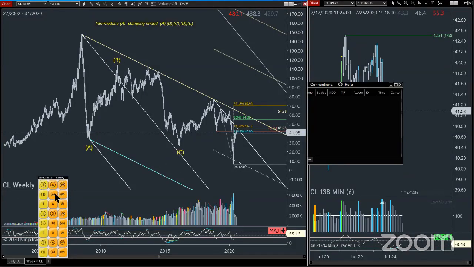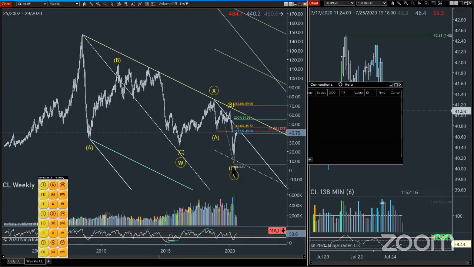But if that's your first big ABC down, and that would be A, then B, then this could in fact be, I'm sorry, WXY. Then this could in fact be the final low, the Y wave low, and that would be your A, and this could be B right here. It's slightly lower, but it's like a running double 3.